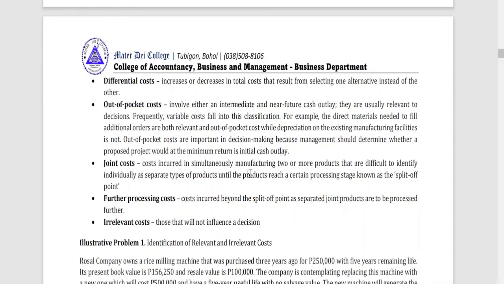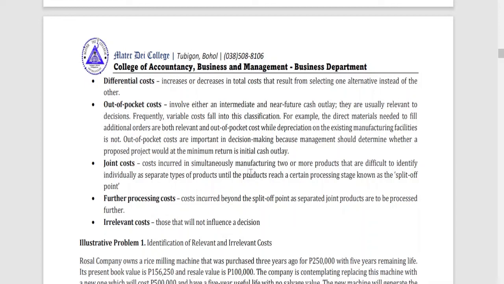But later on, you will learn that there are products that are better off, or katong mga na produce bitaw sa process after incurring the joint cost. So naay mga certain nga mga products that should be sold as is, dili na nimo i-process further.